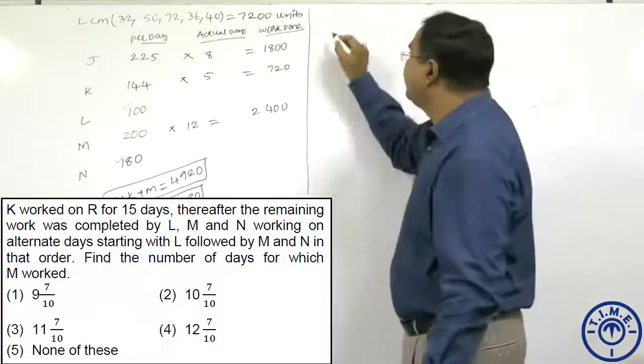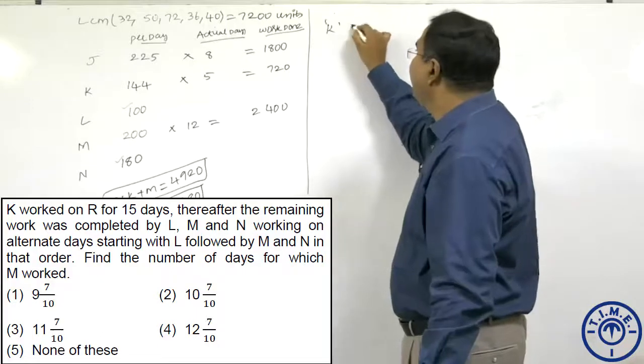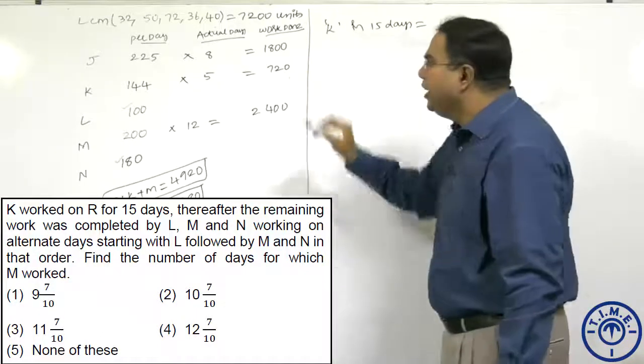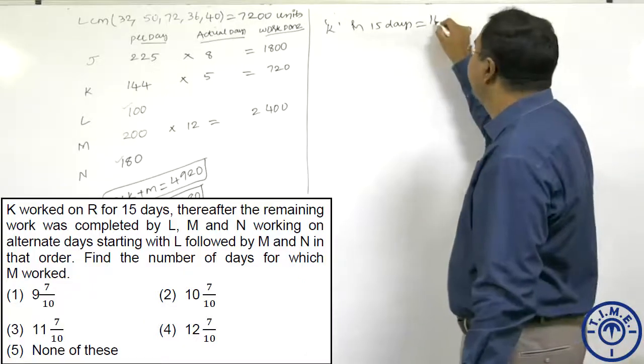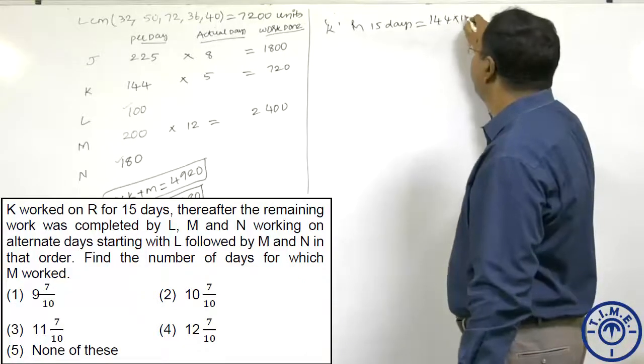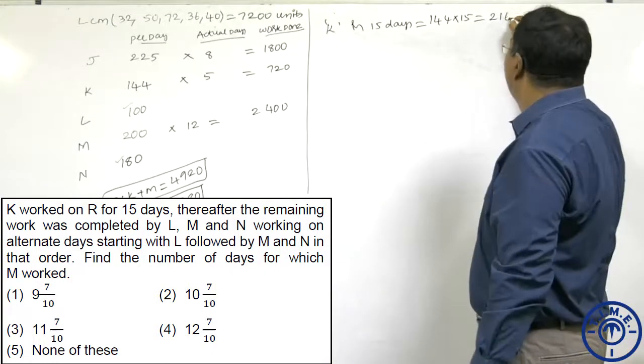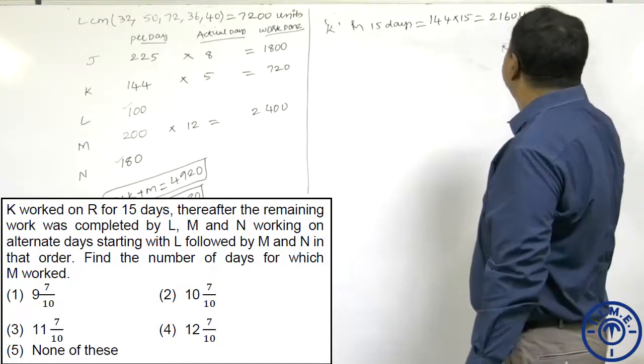Now, first K is working for 15 days. One day K will do 144 units, 15 days 144 into 15, it is 2160 units.